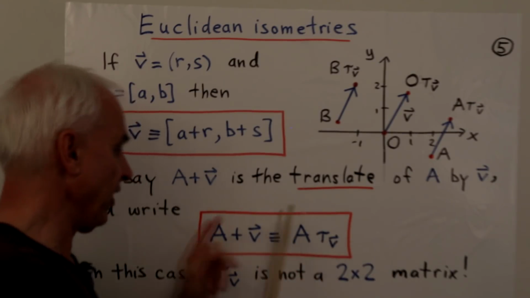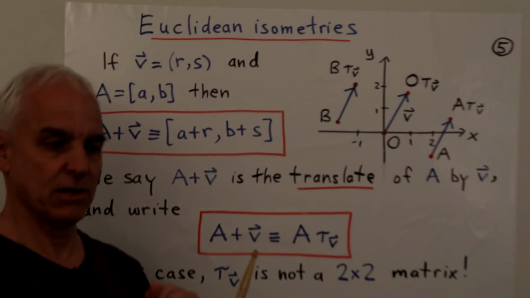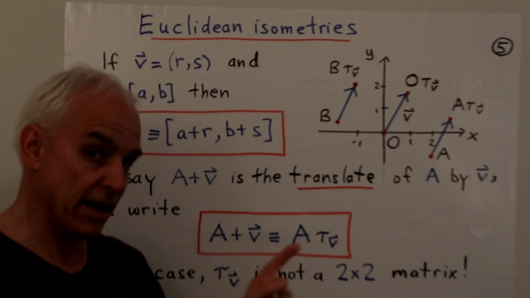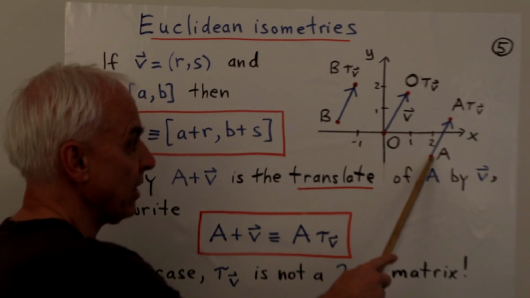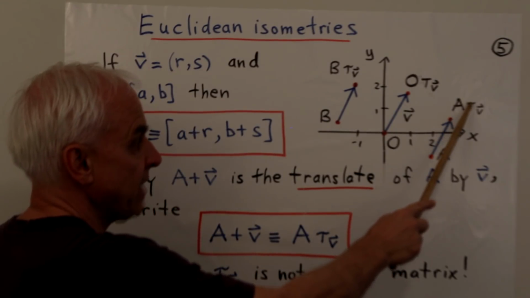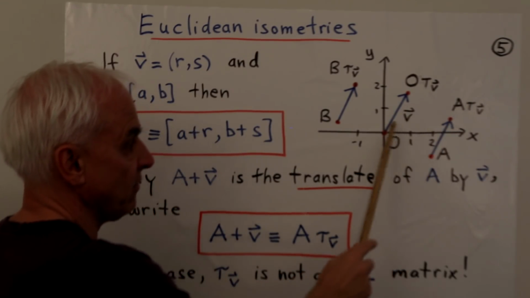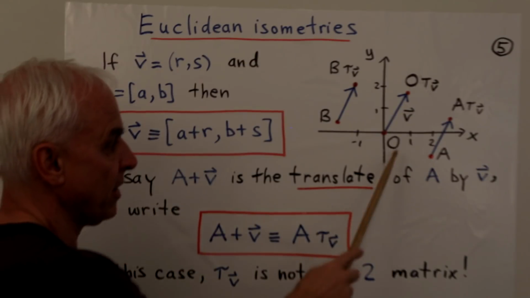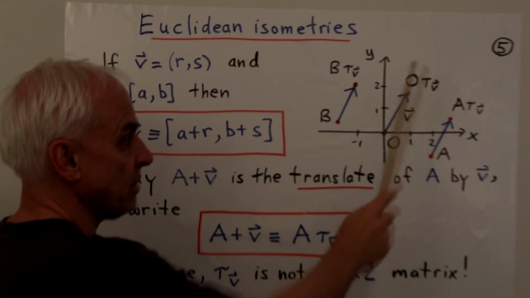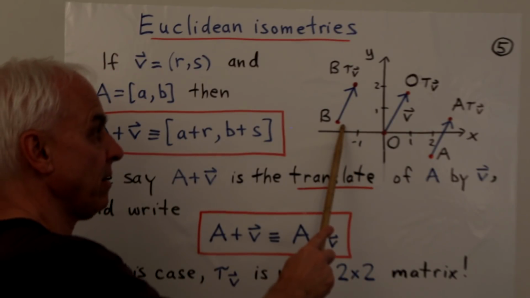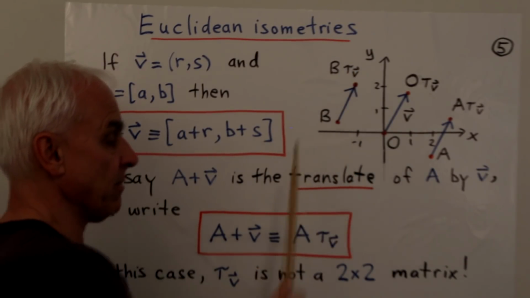What that means is this. It means that we're taking the point A and we're adding the vector to it. So here's the point A, and here is A tau sub v, where that's the vector v, same as that vector there. There's the origin O, followed by tau sub v. There's the point B. There's B, followed by tau sub v.